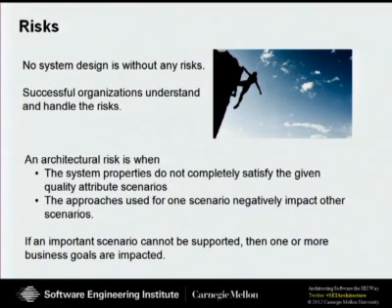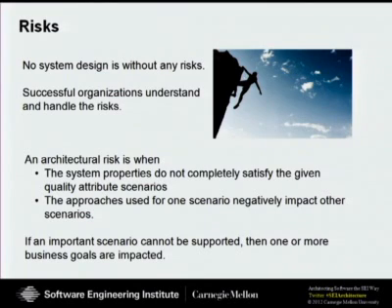The other part is also, and that might be a little bit difficult for managers to understand, there is no architecture, there is no system that has no risk. Every system has risk, because no one in this world has enough time and enough money to build the perfect system. There is always a limit.